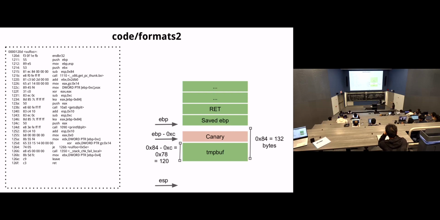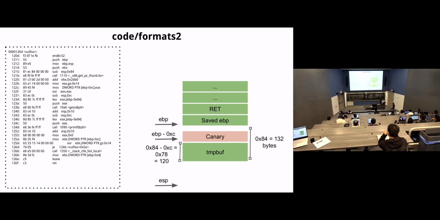Can we put those two addresses at the beginning of the temp buffer? We can, right? It will print out those two addresses. We put those two addresses at the beginning of the temp buffer.